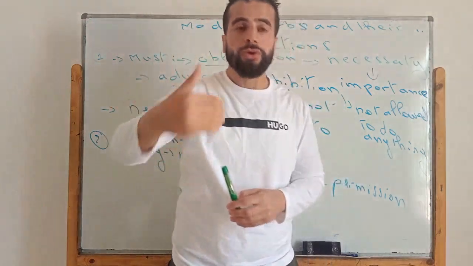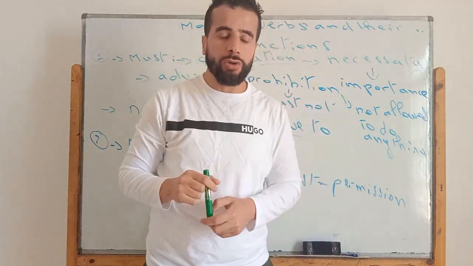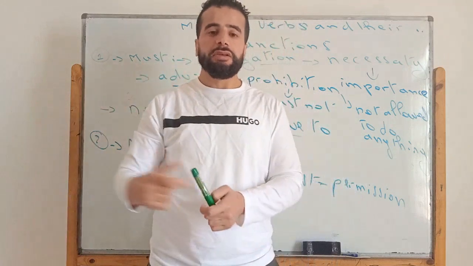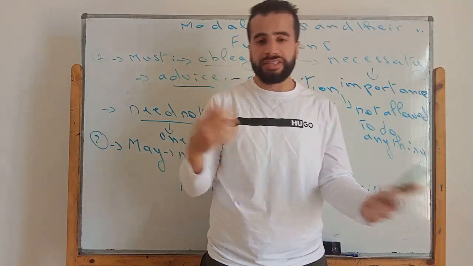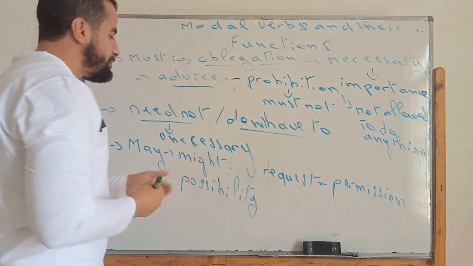So he will allow you or he will accept or deny based on his own circumstances. This is the meaning of the differences between request and permission. Clear? The following one is possibility.